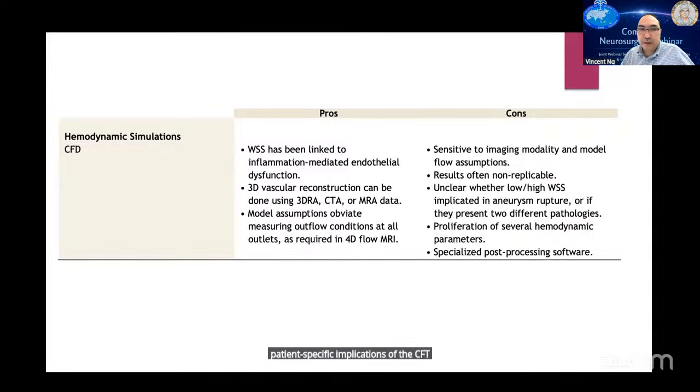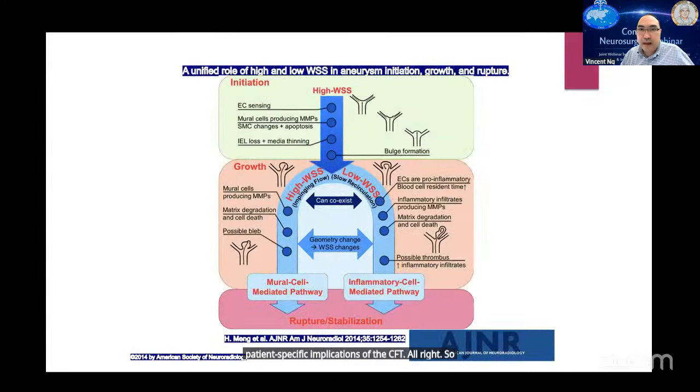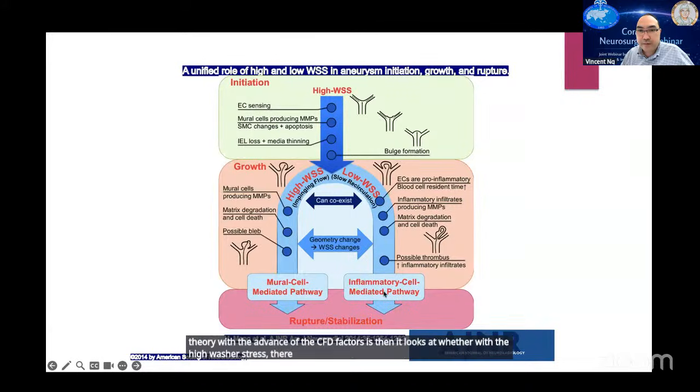All right. The other interesting theory with the advance of CFD factors is whether wall shear stress matters. Two groups of aneurysms were discussed. In one group, high wall shear stress leads to the development of aneurysms through the mural cell pathway, causing small blebs and degeneration.